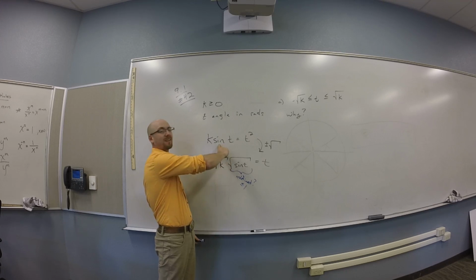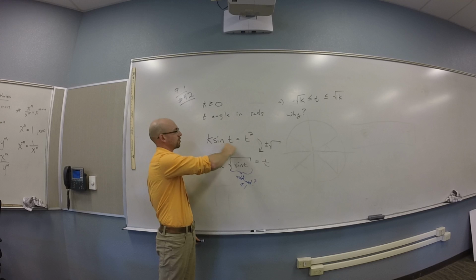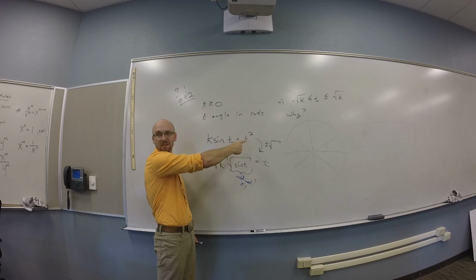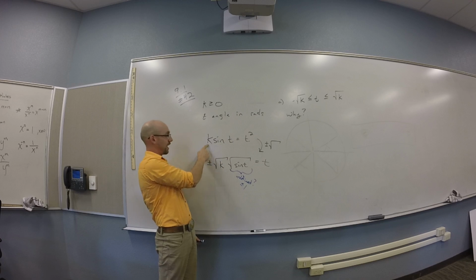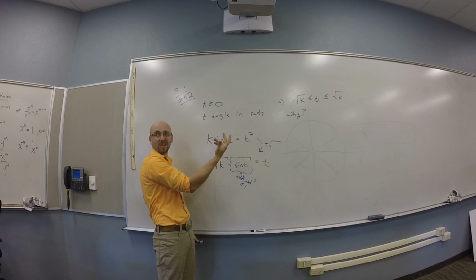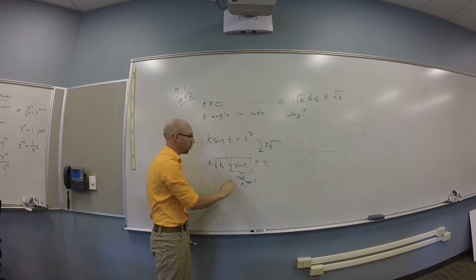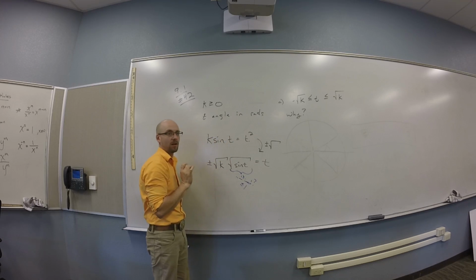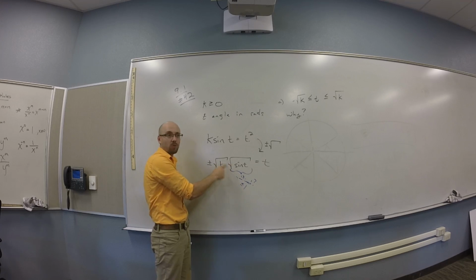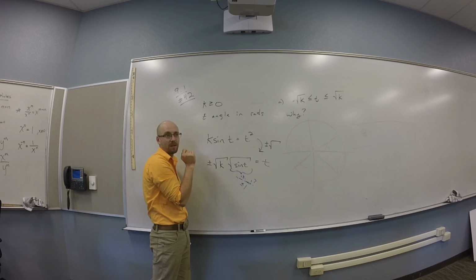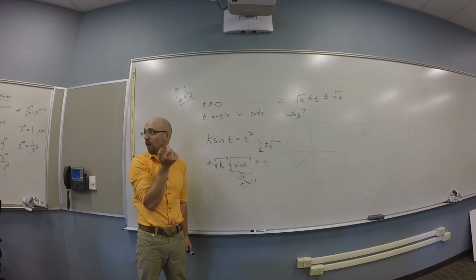If this is negative, this thing's not going to have a solution, because t is squared on the other side, so this piece is positive. K is positive. If this piece is negative, that's not going to work anyway, right? So anytime it could work, I know that sine of t is going to be smaller than 1. And once I square root it, I get something still smaller than 1.